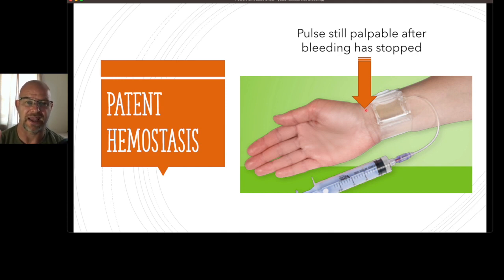Sometimes you can look through the band and see the plastic pulsing and the light hitting that plastic and make it a little bit easier to see. But patent hemostasis is our goal. That way the hand stays perfused, the body is still able to deliver clotting material to that site, and that patient has a less chance of receiving a radial artery or arterial occlusion after that.